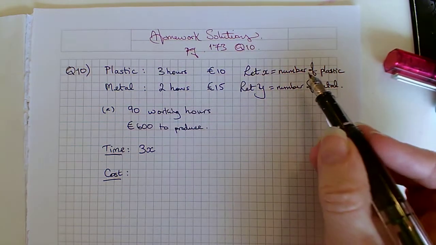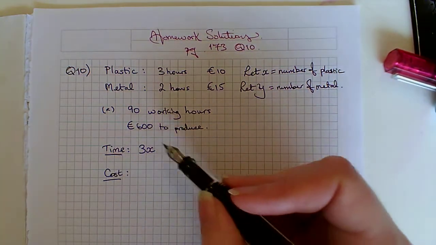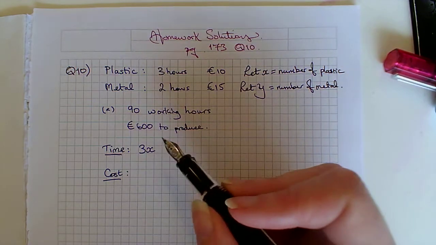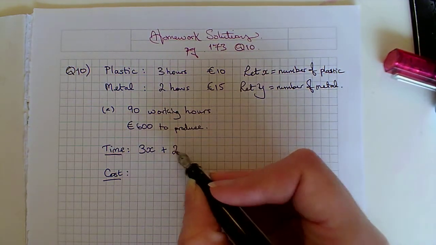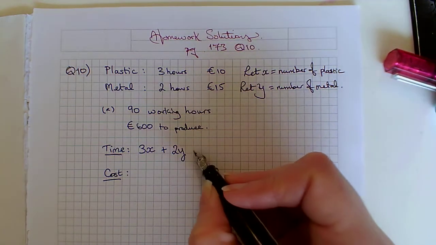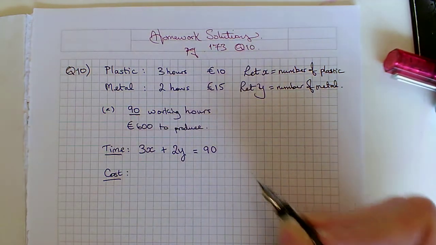So if I made 1, it would take me 3 hours. If I made 2, it would take me 6 hours, 3 by 2. If I made 10, it would take me 30 hours just to make the plastic ones. To make the metal ones then, it's going to be 2 times however many metal ones I have. And we know that they add together to give us 90, our total time.